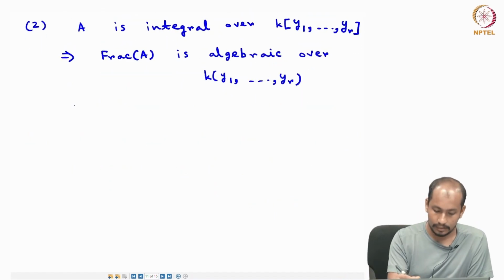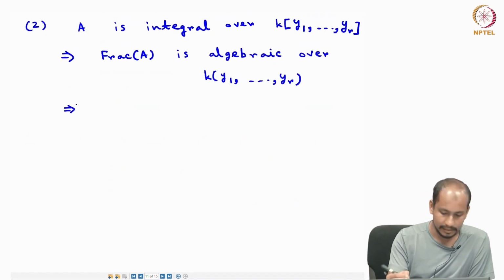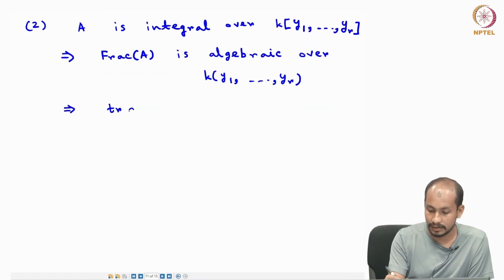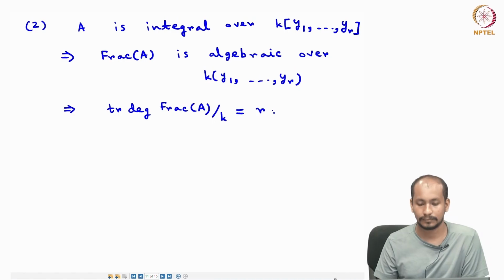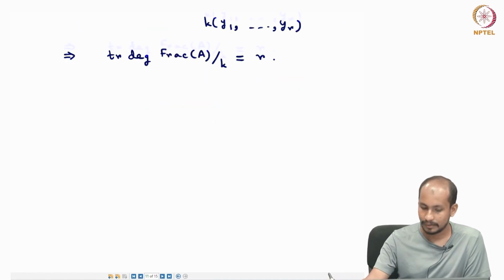Okay. So, from the definition of transcendence degree, it follows that the transcendence degree of this fraction field of A over this K is nothing but r. So, this is the second remark.